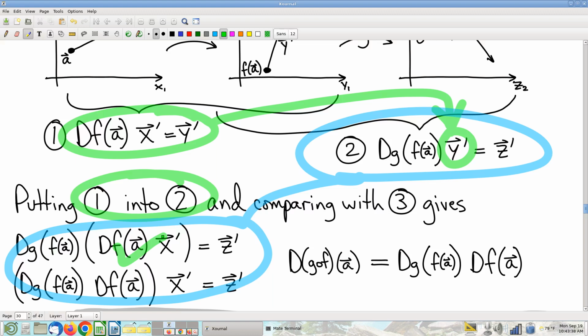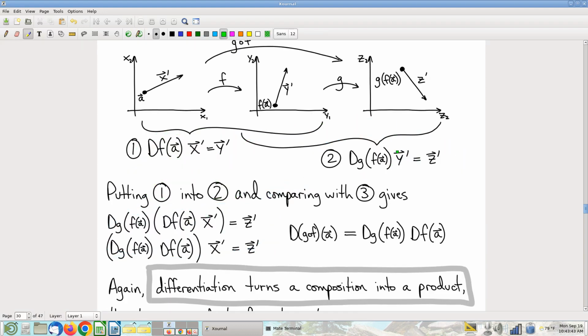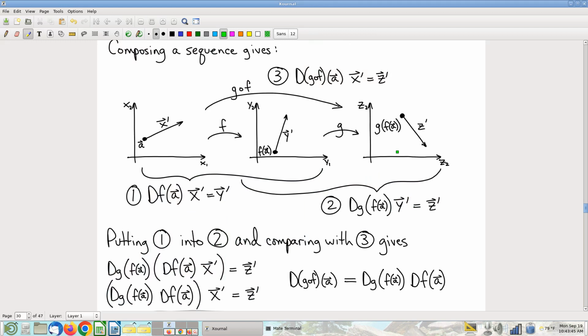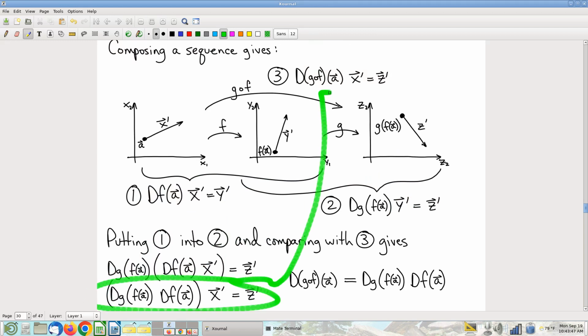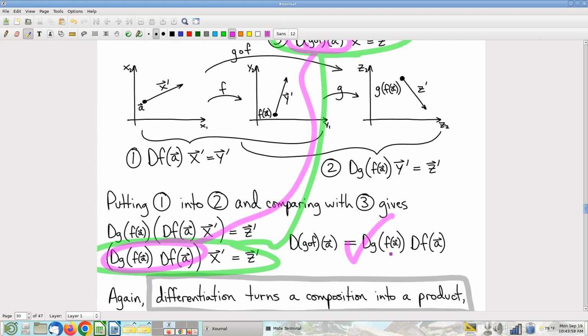And then, comparing that to the equation up here, comparing this to that, what I multiply by x prime to get z prime, those two things must be the same. And here is our multivariable chain rule.